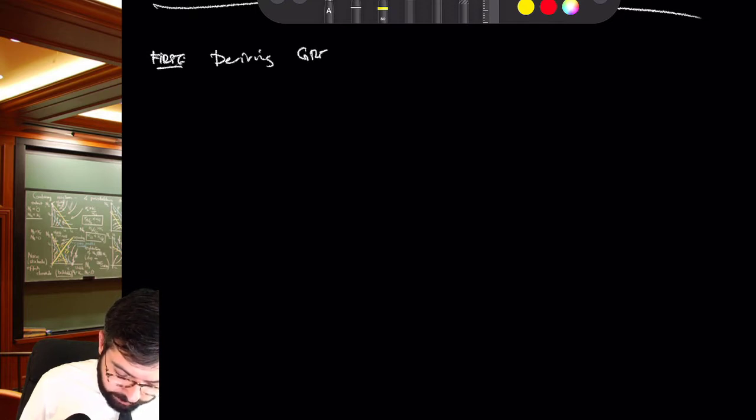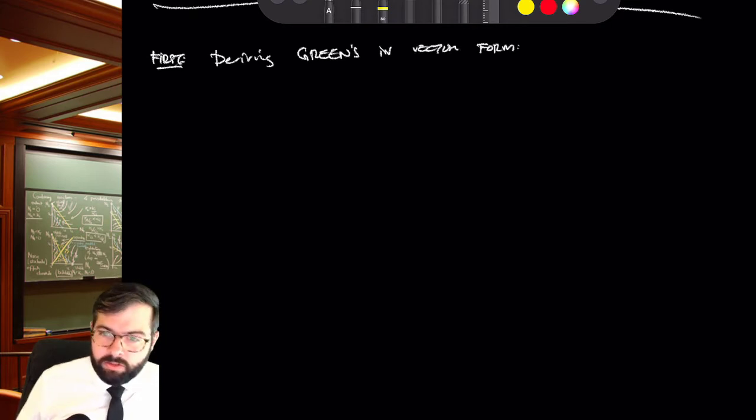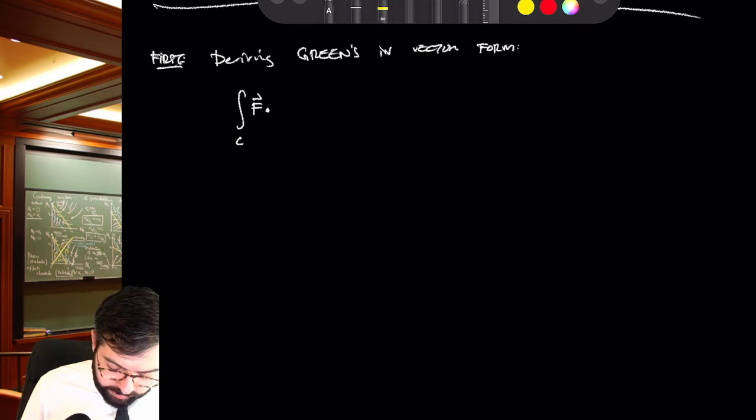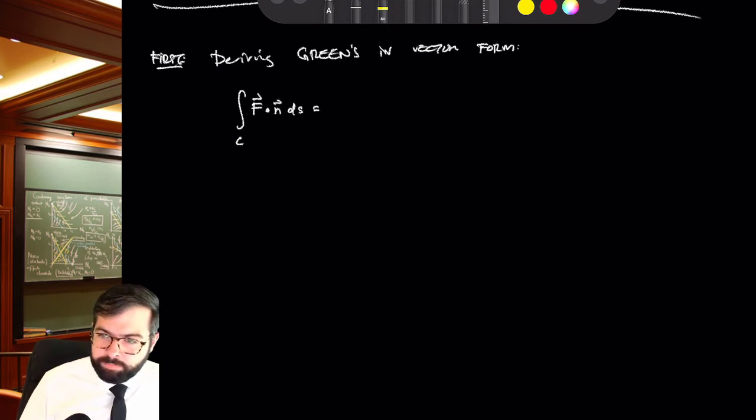So first, deriving Green's in vector form. So if we take a look at this, and if this doesn't land with you, it's not a huge deal, okay? But I do want to walk through it.